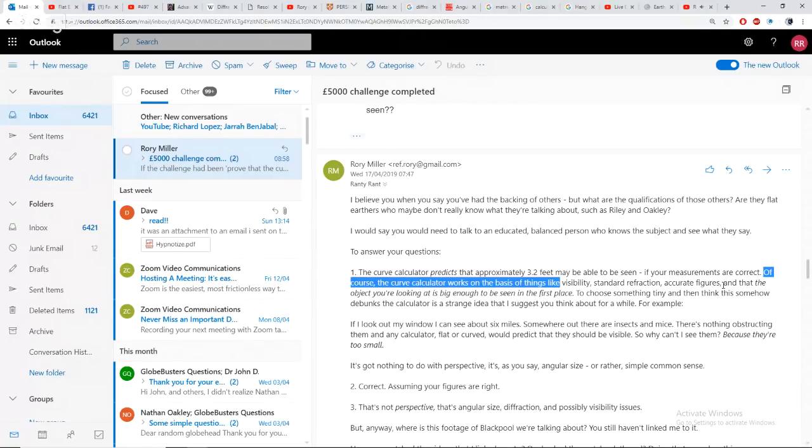So we can read it as such. Of course, the curve calculator works on the basis of things like the object you're looking at is big enough to be seen in the first place, right? This is what he says the curve calculators take into account. Has anybody ever read such bullshit? This is him trying to get out of pain.